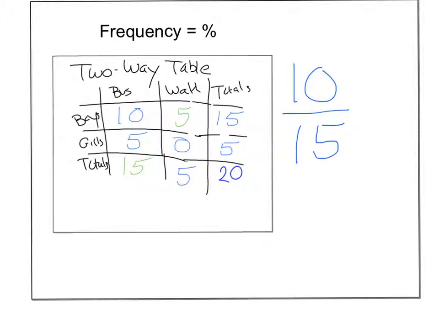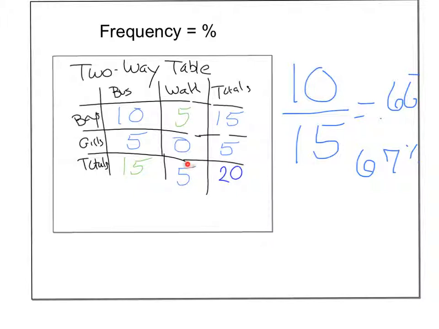10 divided by 15 will leave me with 0.66 repeating, or about 67%. I can find the frequency of any of my data, such as the frequency of students who walk to school.